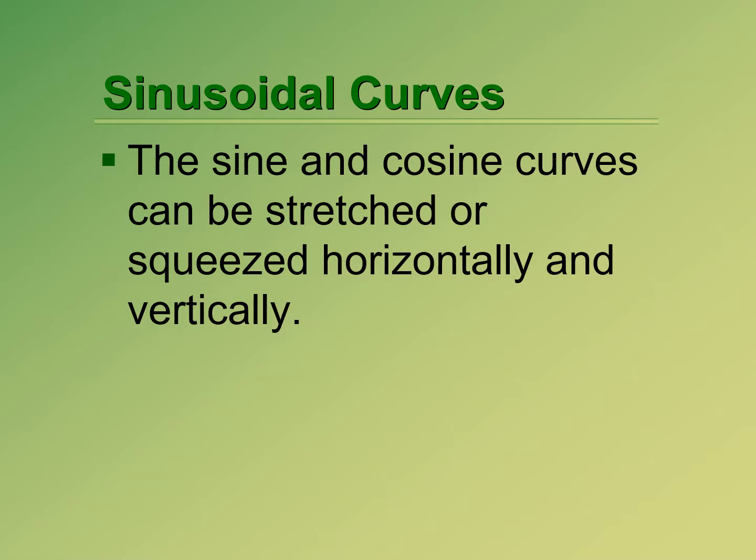So the sinusoidal curves, the sine and cosine curves, can actually be squeezed horizontally or vertically. And so they are going to have parent functions as well, which is y equals sine or y equals cosine, which we practiced graphing in the last lesson. So we know what the general graphs look like, and now we can look at how to stretch or squeeze them horizontally or vertically.